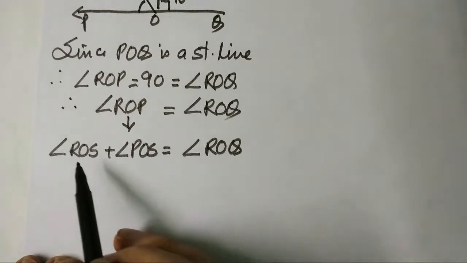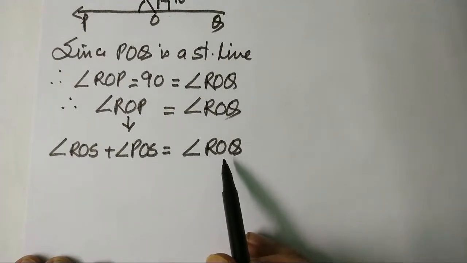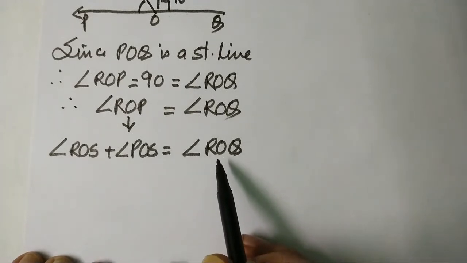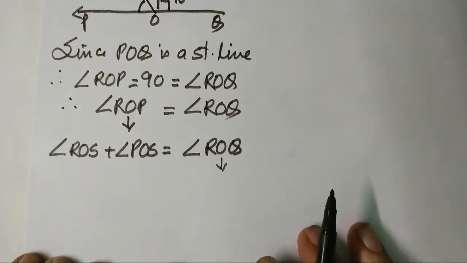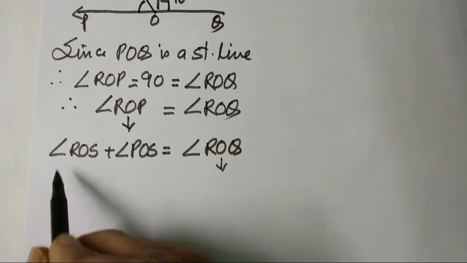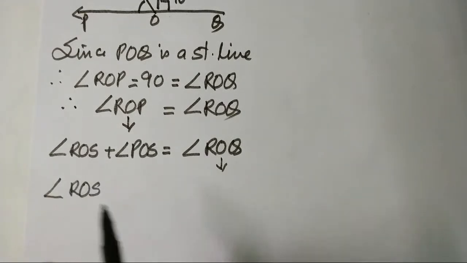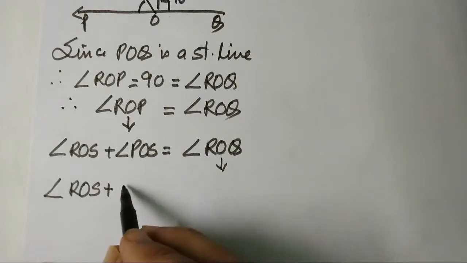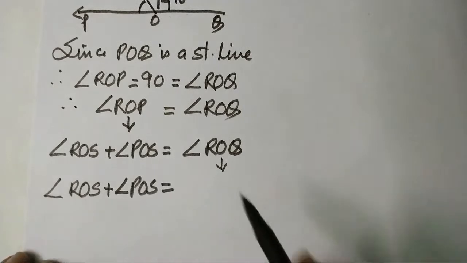Now ROS plus POS is equal to ROQ. And how will I find ROQ? We have to just replace the values. So now we will write the left hand side, angle ROS plus angle POS is equal to ROQ.